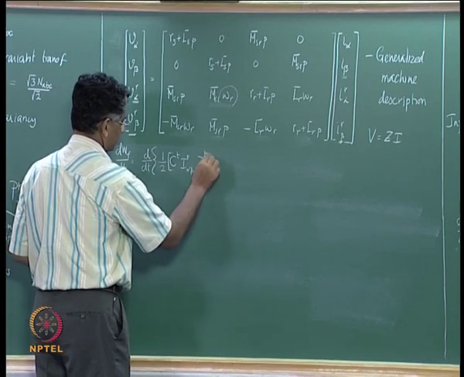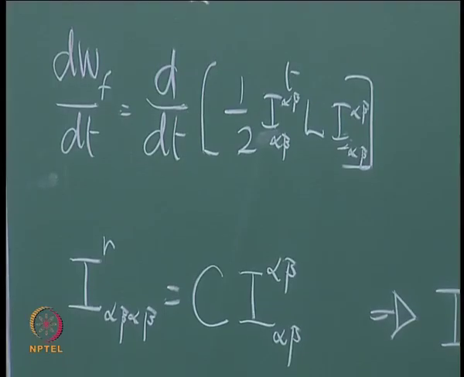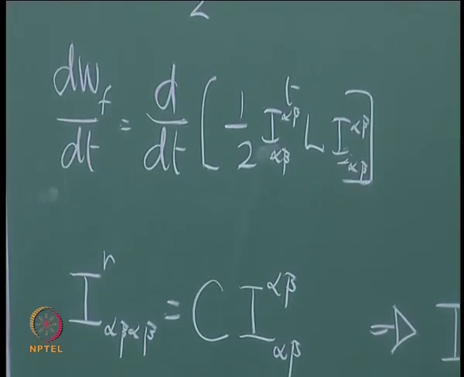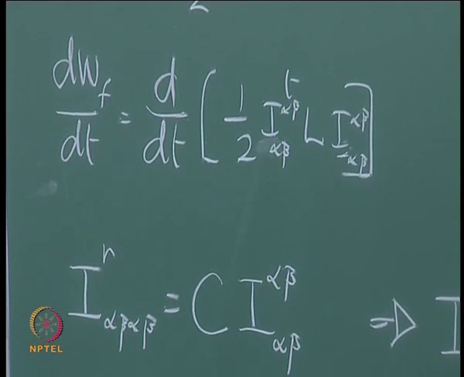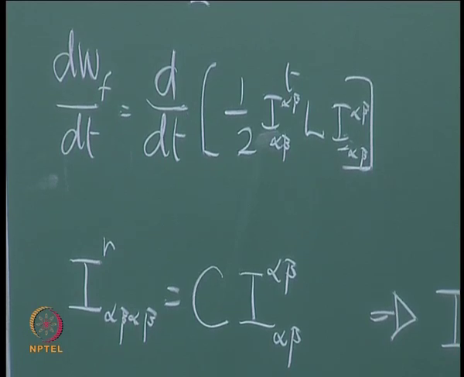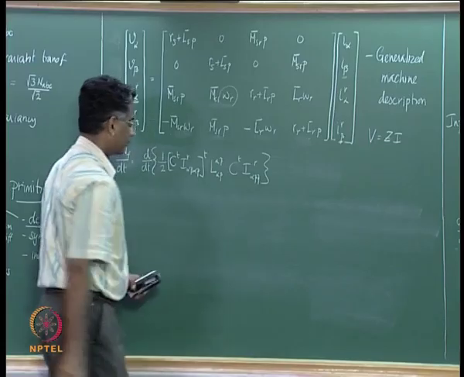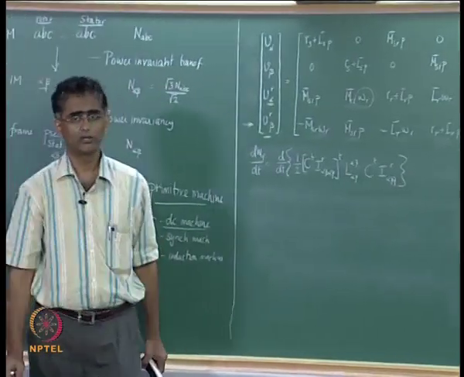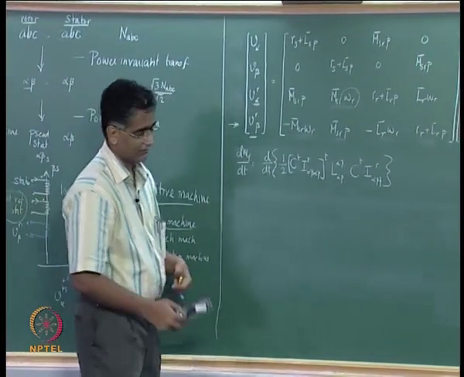So transpose of this matrix multiplied by L alpha beta multiplied by C transpose I alpha beta r. So this is your expression for dWf by dt in the stator reference frame.